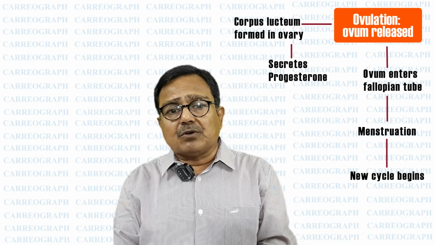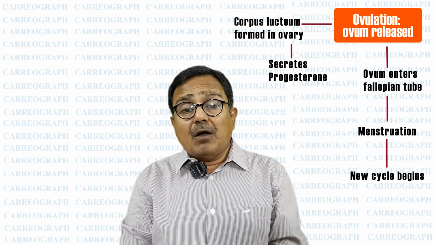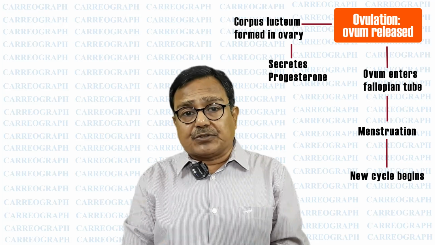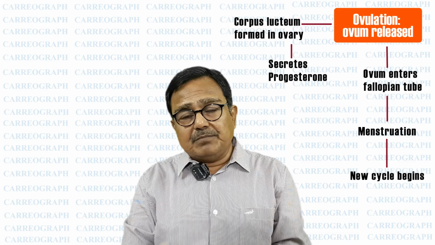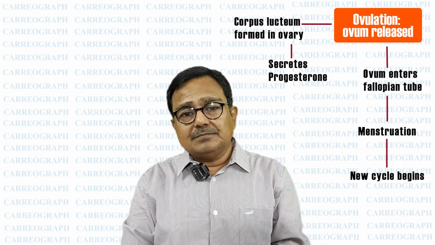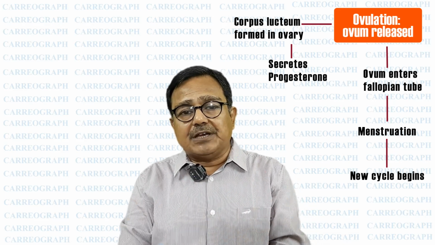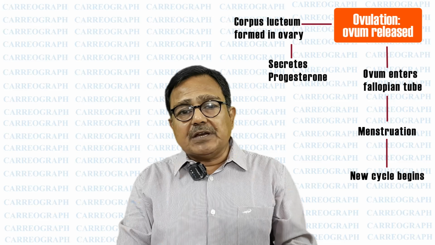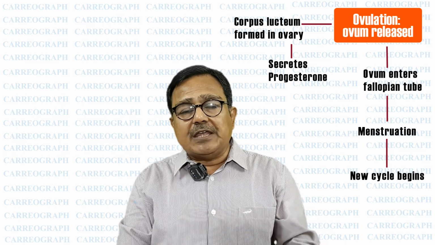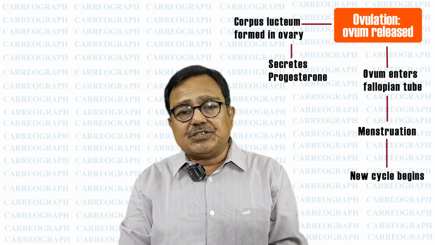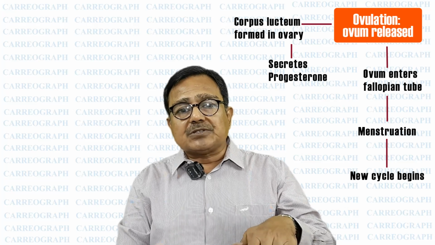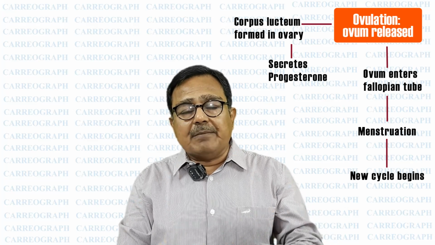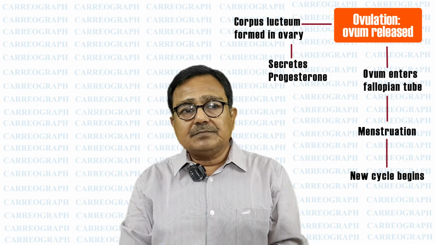The process goes on. On day 22 or 24, the level of progesterone becomes optimum. Feedback to the pituitary. The pituitary starts reducing the hormone LH. So slowly the LH hormone starts reducing from the pituitary and simultaneously the progesterone.